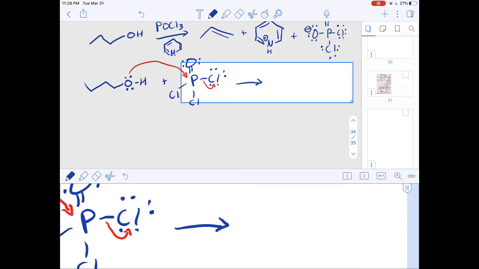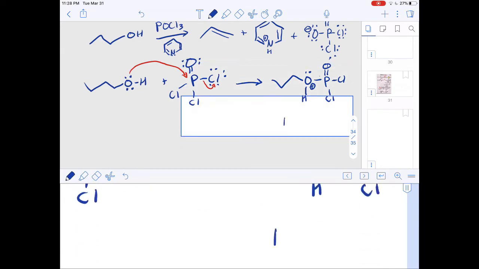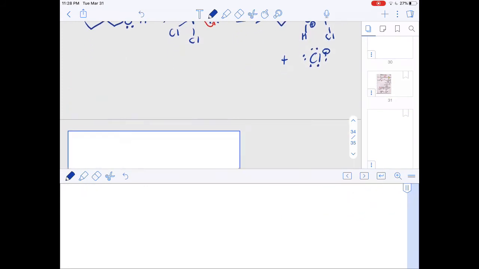And now your product is going to be, oh, this is an irreversible first step, by the way. So now your product is going to be OH plus bonded to the PCl, Cl ketone, and the Cl anion. So this is your first step.